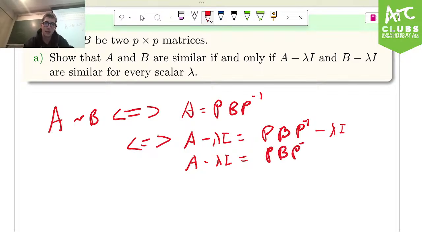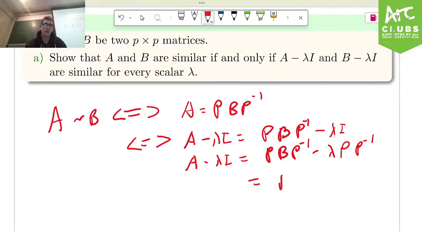Then P B P inverse minus P lambda I P inverse, just inserting P's and P inverse, or I should really write it like this, lambda P P inverse, which is just the identity written in a different way.